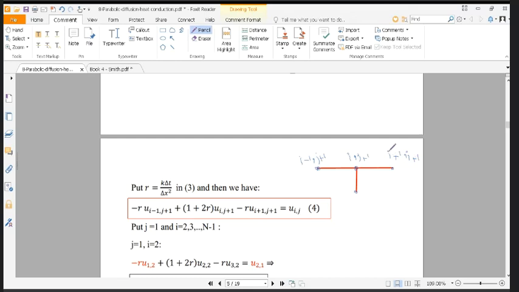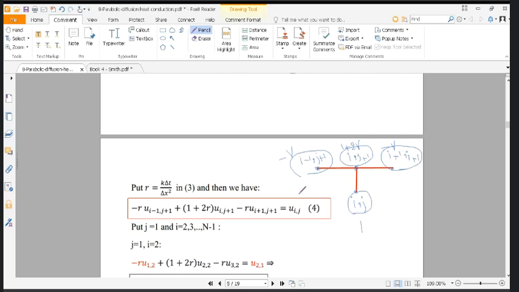And the point at the old time level is i and j. The weight for this point is minus r. The weight for this point again is minus r, and the weight for this point is 1 plus 2r, and the weight for this point is 1.